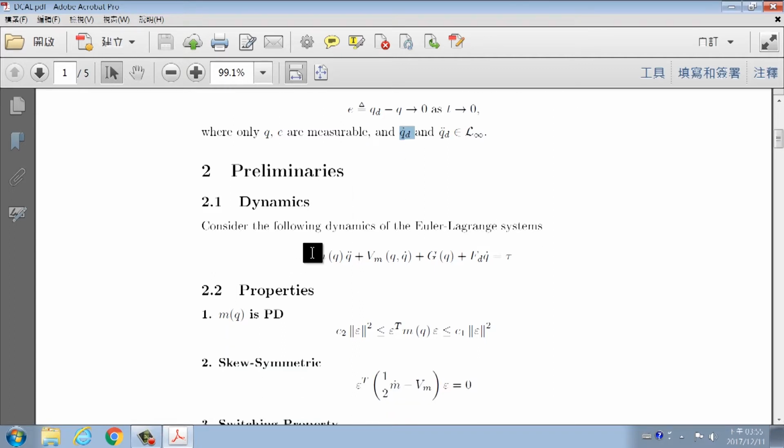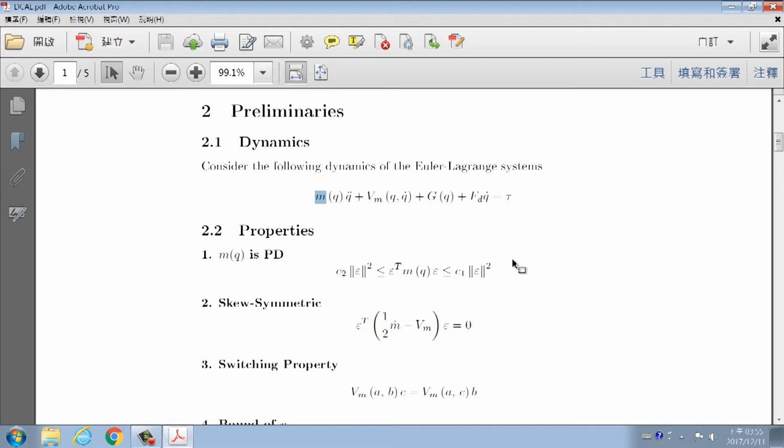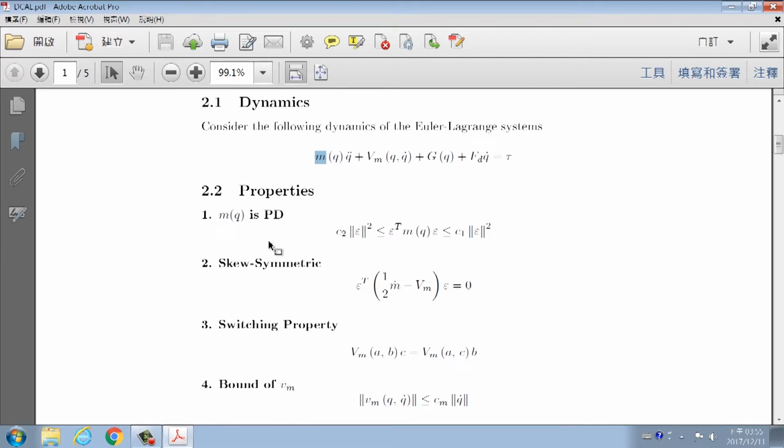So, given the same order Lagrange systems, M q double dot plus Vm q dot plus G plus F q dot equal to tau, we know here are some properties. M is positive definite because M is the inertia matrix, so the minimum value for any inertia or any mass will be greater than 0.